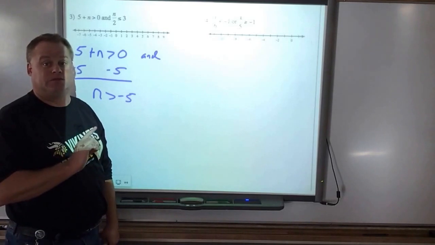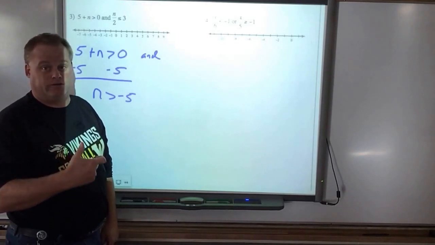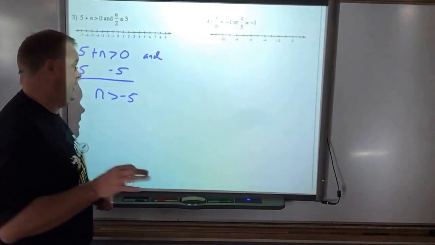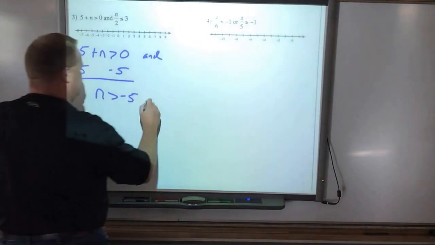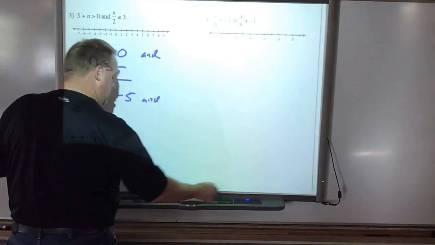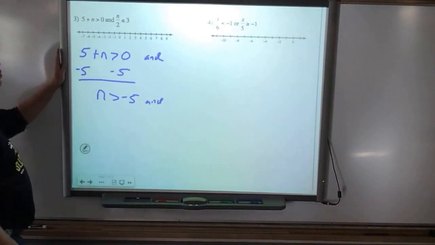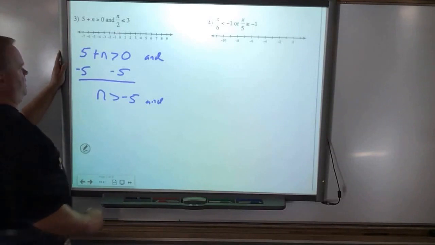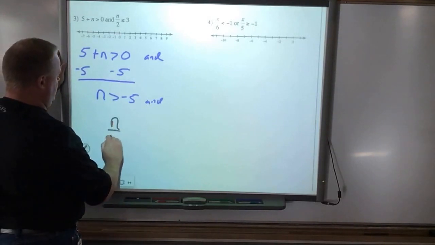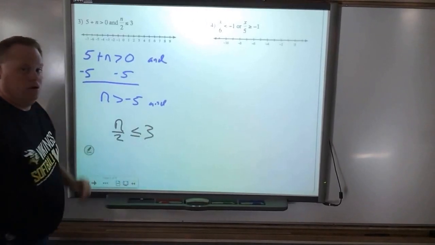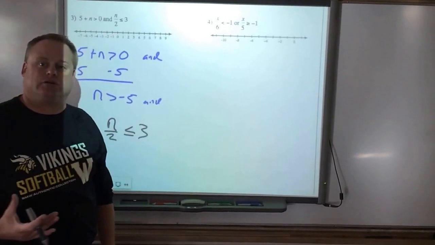Remember, we only flip the sign when we multiply or divide by a negative, not if we add or subtract, okay? So I have an and still here. I'm going to go underneath. I want to save myself some room for number 4. And so the second one is n divided by 2 is less than or equal to 3. Well, how do we get rid of the fraction?